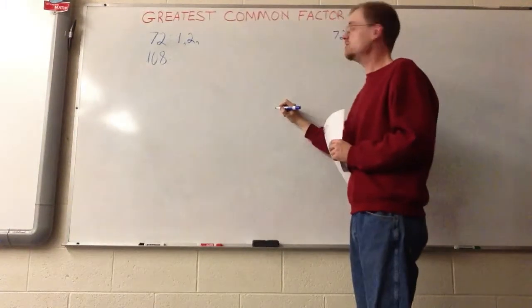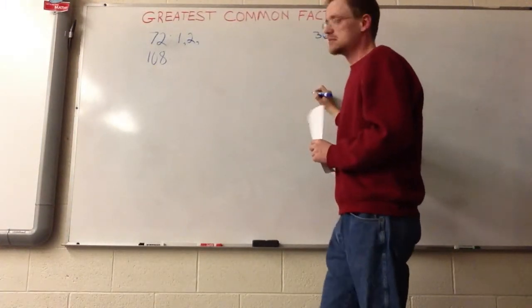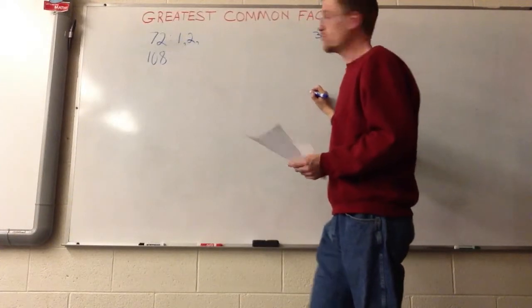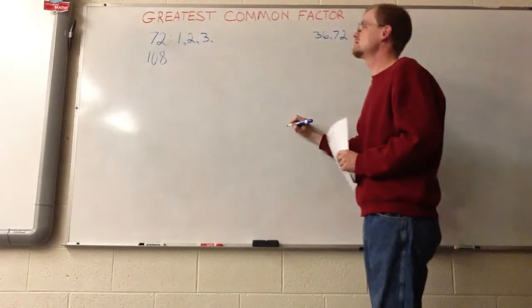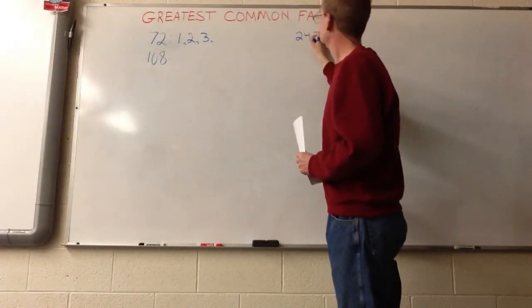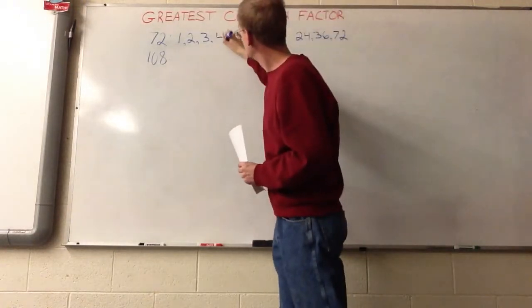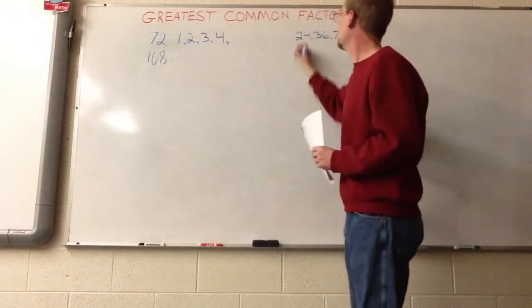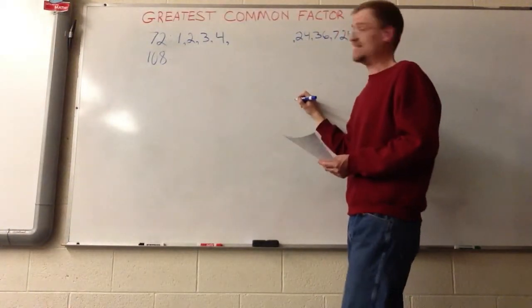And let's see, 72 divided by 2 is 36. 72 is divisible by 3. So I have 3 and, let's see, 24. Okay, 72 is also divisible by 4. So we have 4 and, let's see, 72 divided by 4 is 18.